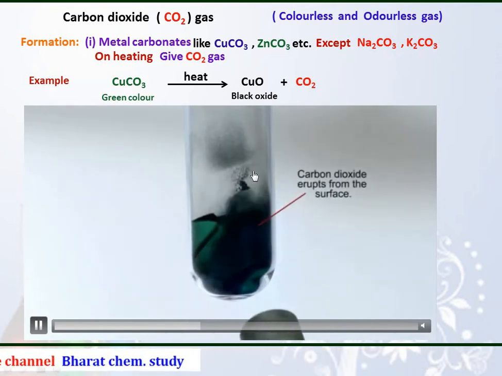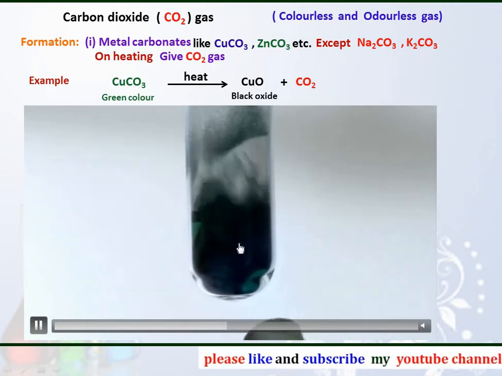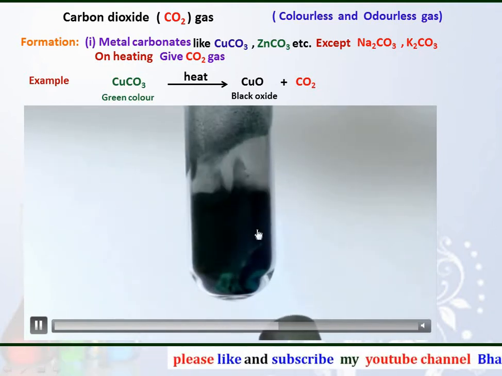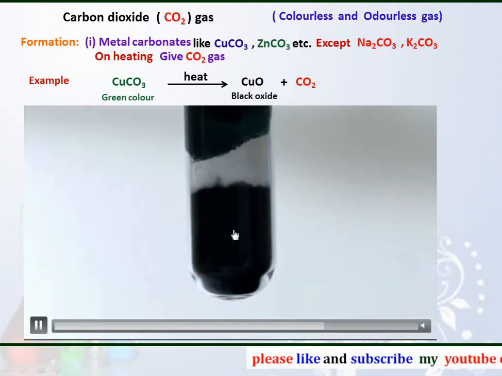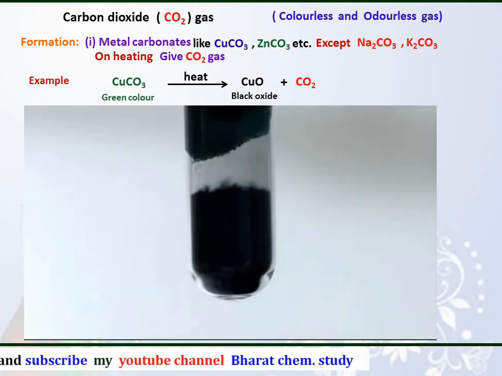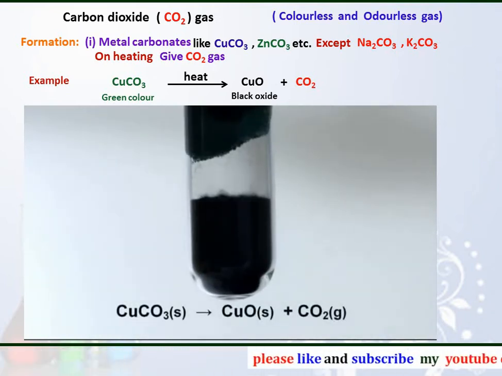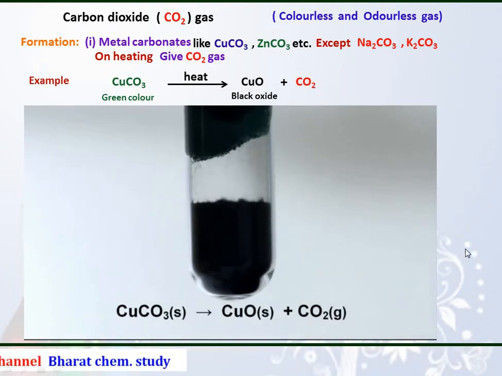This flying of the powder is due to the formation of carbon dioxide, which is pushing the particles upward. It looks like this solid is boiling, but it is not boiling. Actually the carbon dioxide is pushing the powder, and it looks like boiling. By this method carbon dioxide is formed on heating copper carbonate.